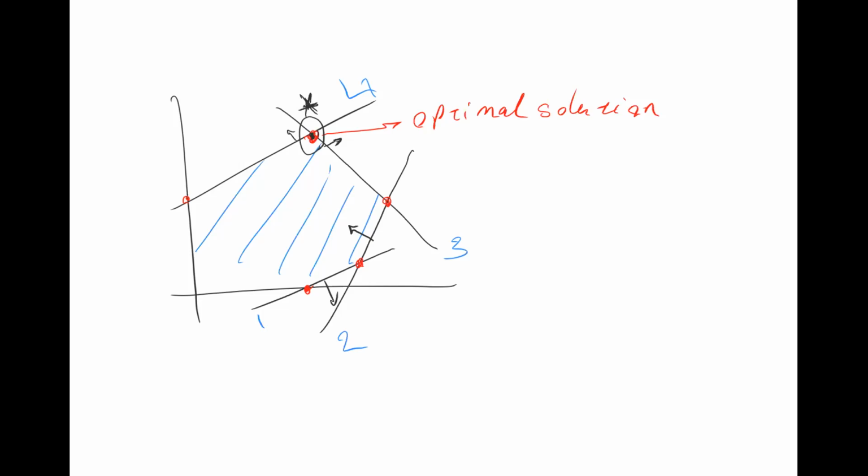It might make it better or worse. The software would tell us. Also, constraints 3 and 4 have slack of 0. Basically, slack of 0 means binding constraint.